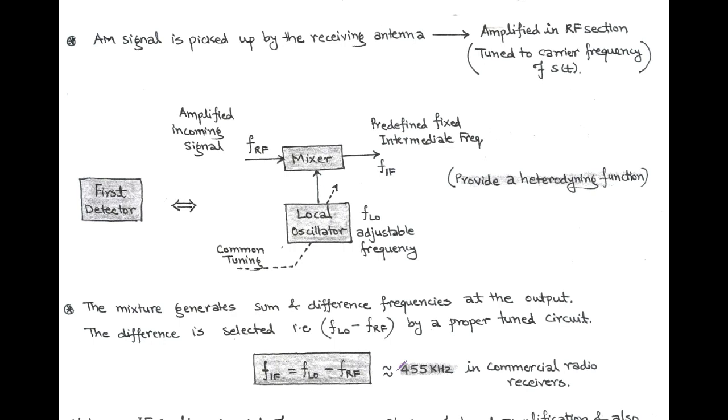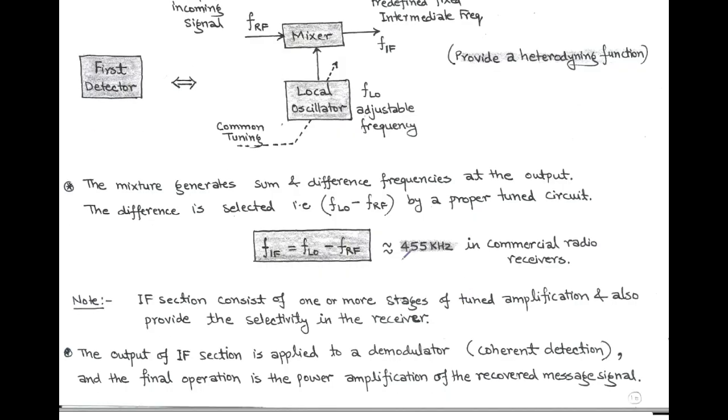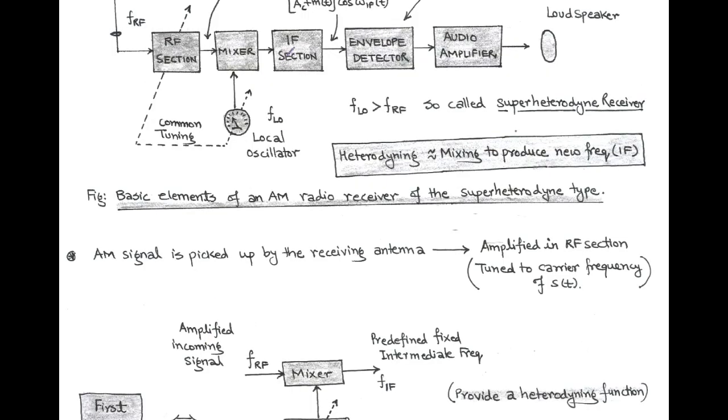Or we can say that FLO is greater than FRF for a properly tuned superheterodyne receiver. And for a commercial AM radio receiver, this intermediate frequency is a predefined fixed value of 455 kHz. This predefined fixed intermediate frequency is applied to the IF section, that is called the intermediate frequency section.